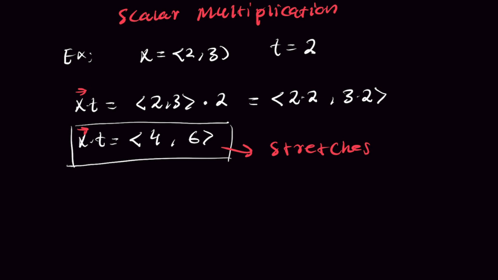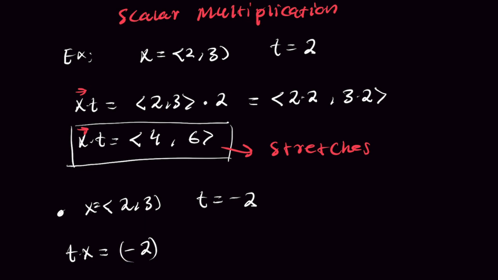But sometimes if t is negative, the vector x changes its direction. For example, if we have x which is equal to 2 and 3, and t equal to minus 2, and we want to find t times x, what is going to happen?